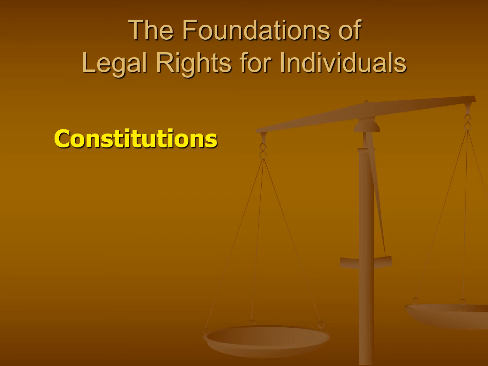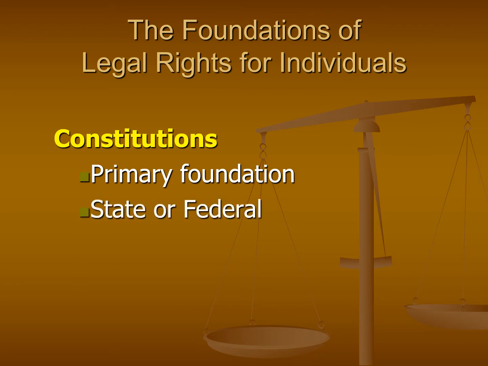So the largest and most overwhelming basis for legal rights for individuals are constitutions. They provide the primary foundation and description of what rights citizens under a particular jurisdiction have. They exist at both the state and the federal level.